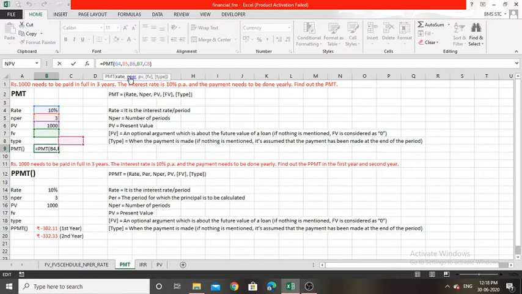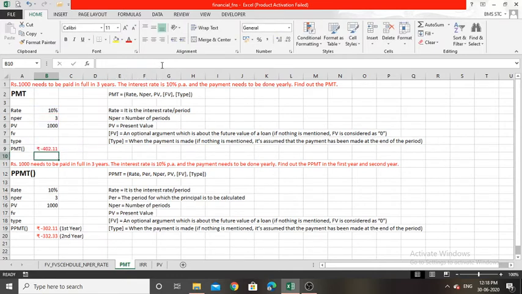Rate is given, NPER is given, PV is given. No future value, no type, so we simply leave it blank. We pressed enter and we got the payment per period. We have to pay 402, or approximately 405 rupees, year by year in full.